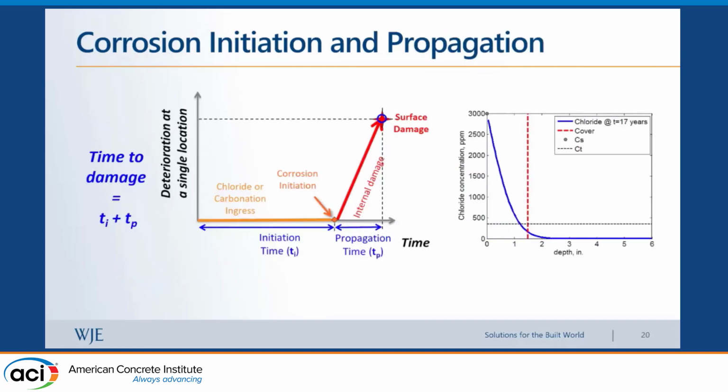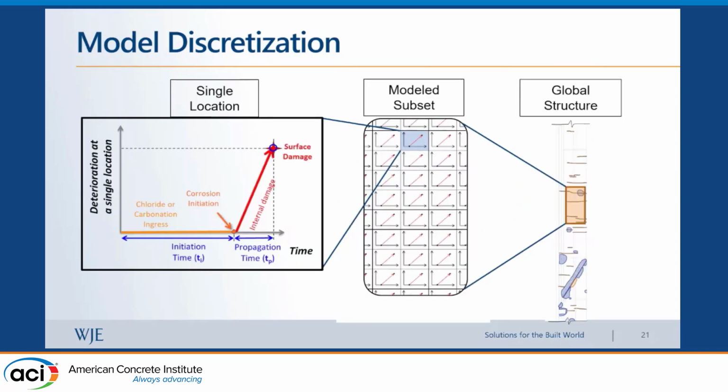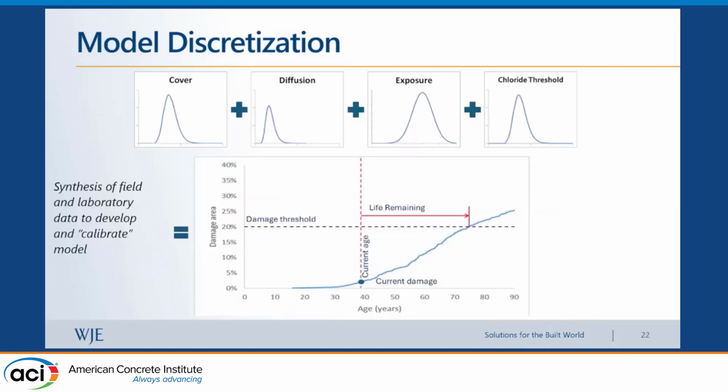But overall, we consider the time to damage as the summation of the time to initiation plus the propagation damage. So how does the model consider that? It considers a small subset of your elements, models the performance over those, and gets the time to initiation over those small subsets. Considering all the variability of your input parameters, we get the percentage of damage with time.